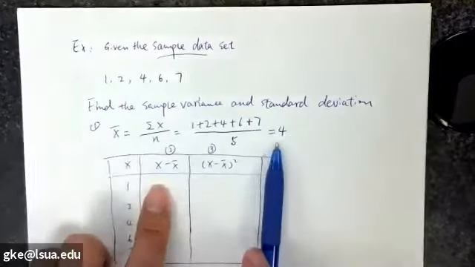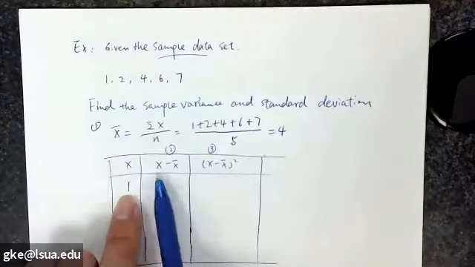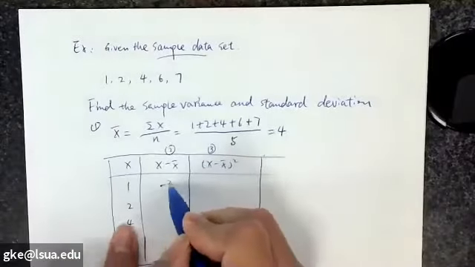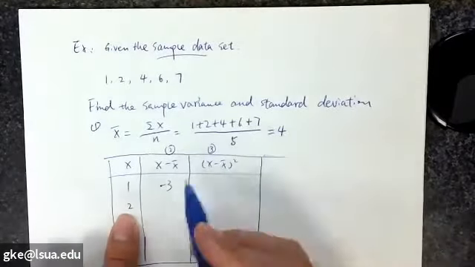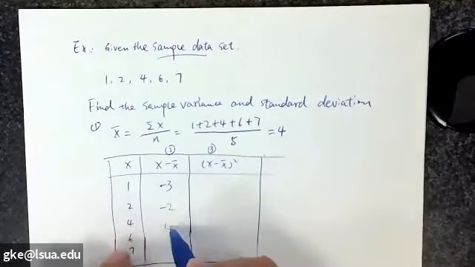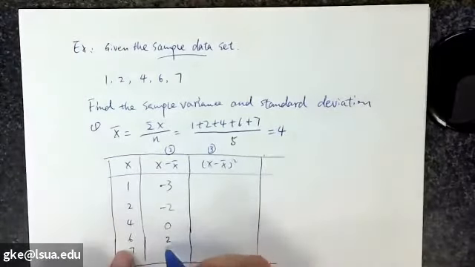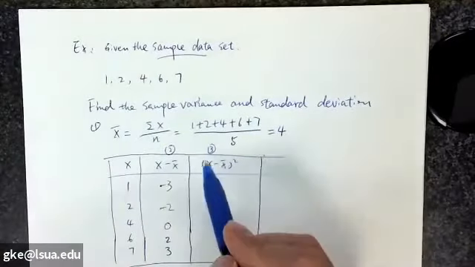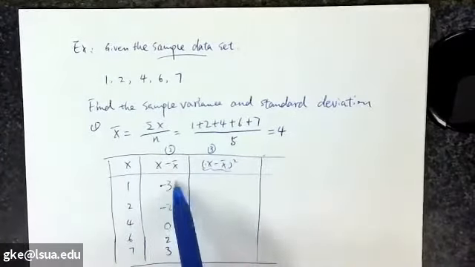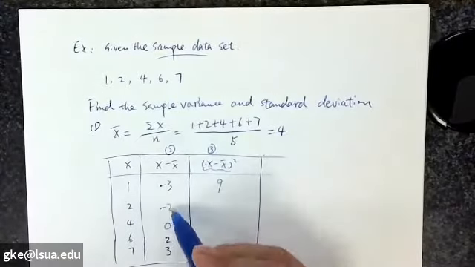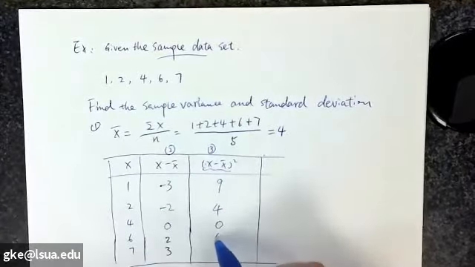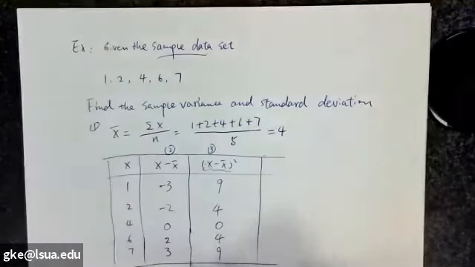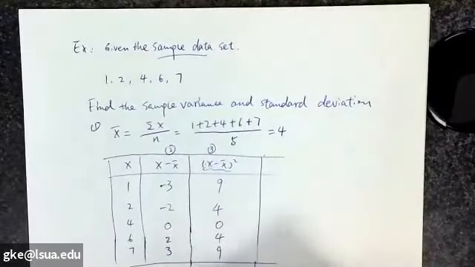After you calculate the mean value, we do the subtraction. 1 minus 4 is -3, 2 minus 4 is -2, 4 minus 4 is 0, 2, 3. That's the deviation. For the square, -3 squared is 9, then 4, 0, 4, 9. Now we can calculate the sum of the squares.